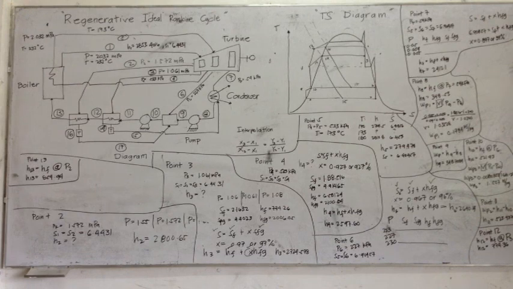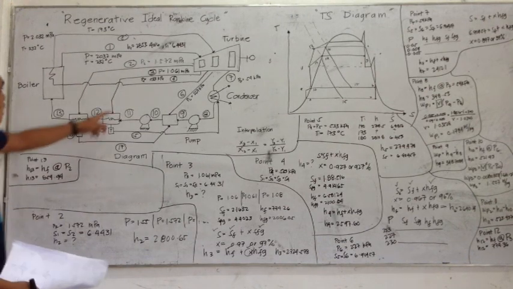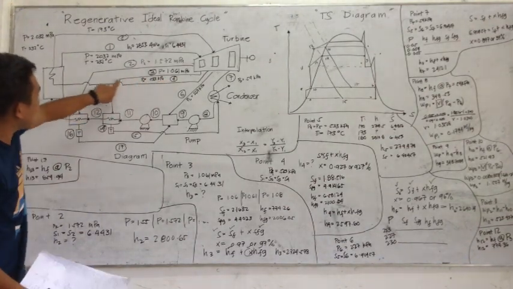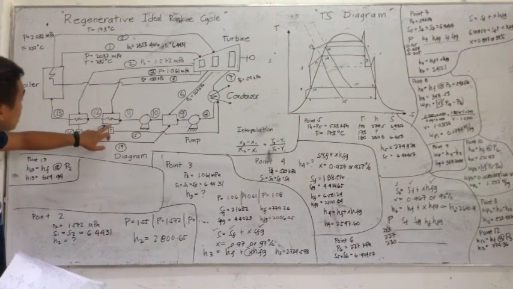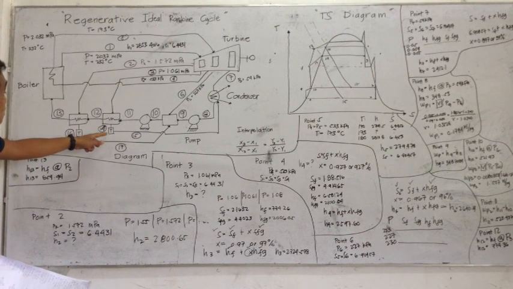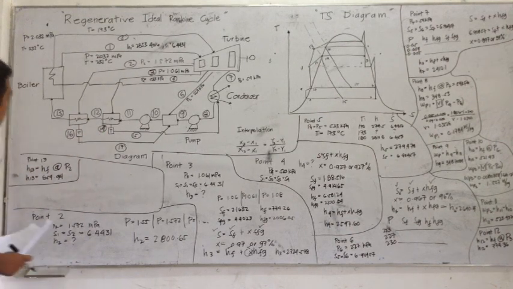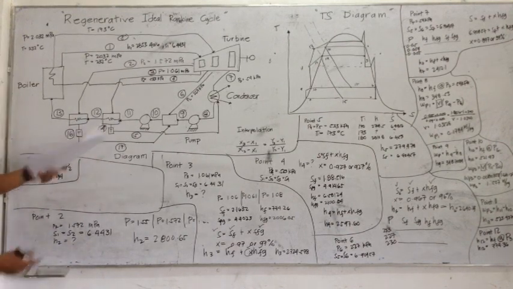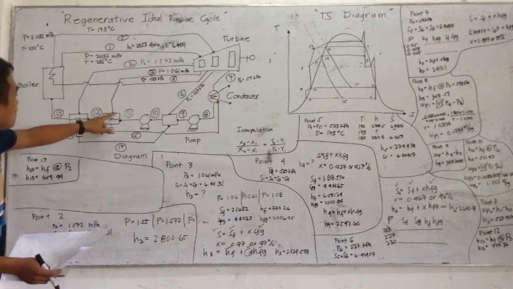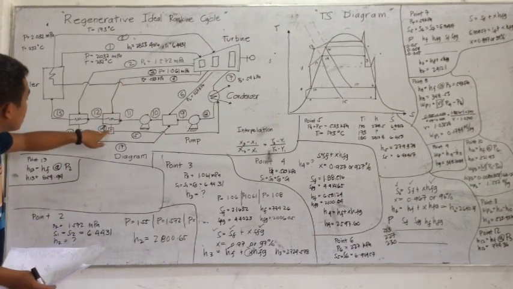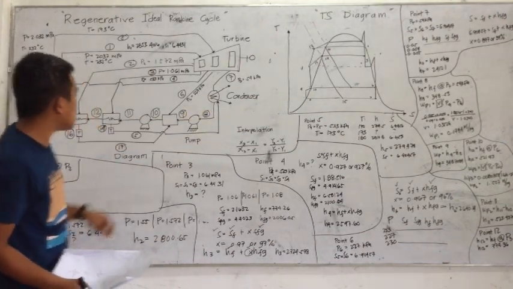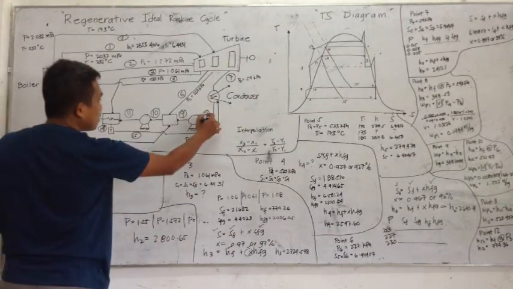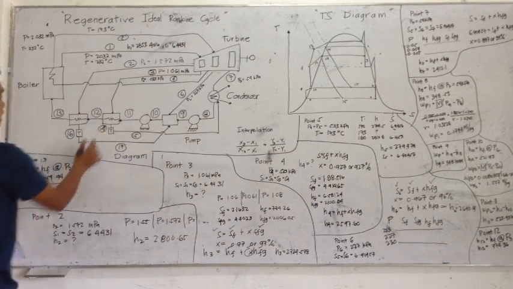At point 14, the extracted mass at point 3 is delivered to a closed feed. From the closed feed, it delivers into a trap, and the trap goes back into our condenser in order to condense the liquid back to our pump and complete a cycle.